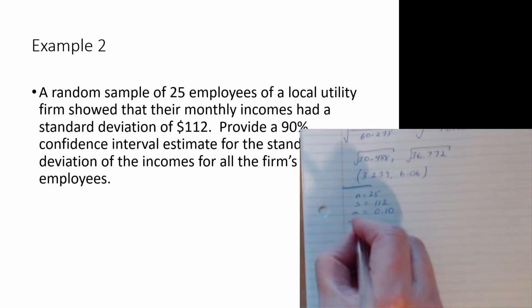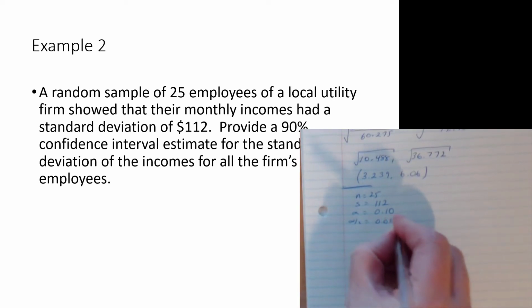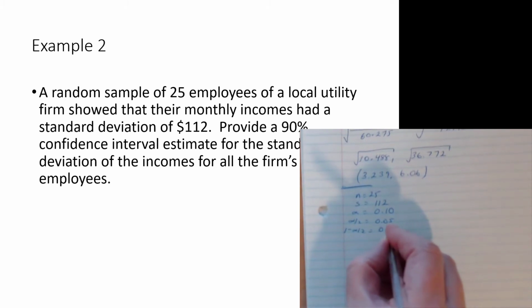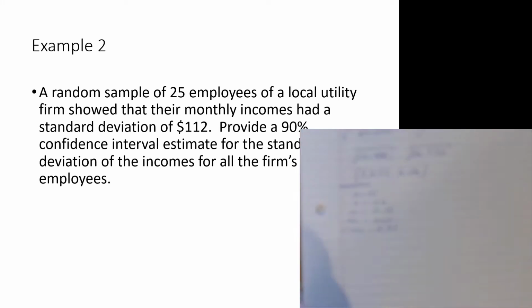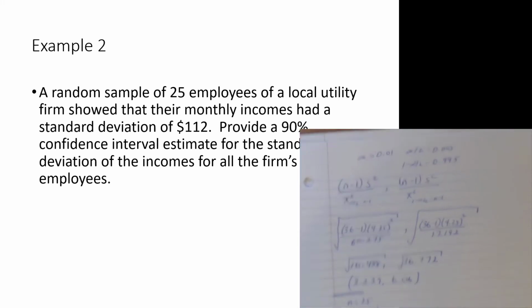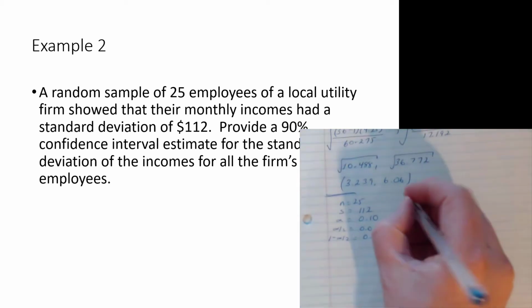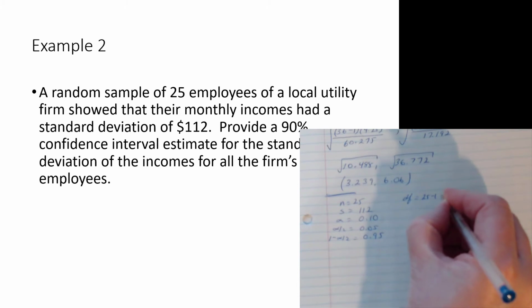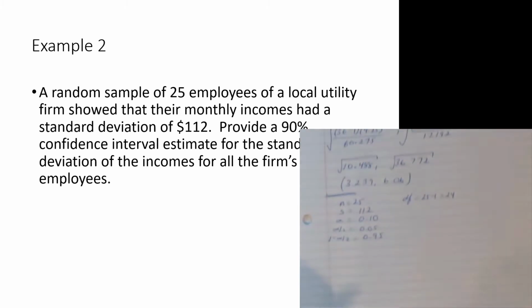Alpha over 2 equals 0.05, and 1 minus alpha over 2 equals 0.95. Those are all the items we need to plug into our formula. Degrees of freedom, n minus 1, is 25 minus 1, which is 24.